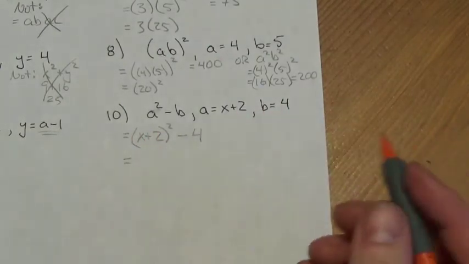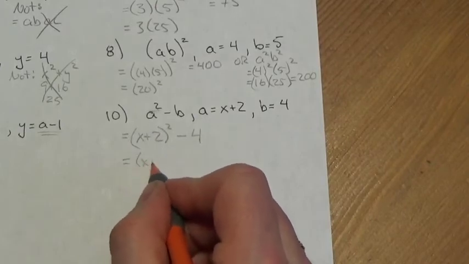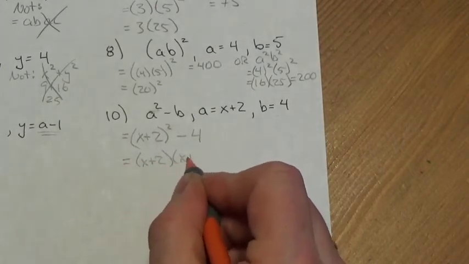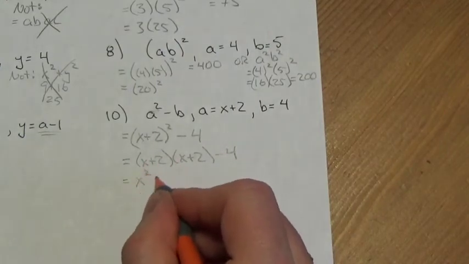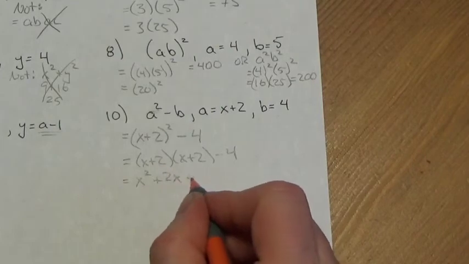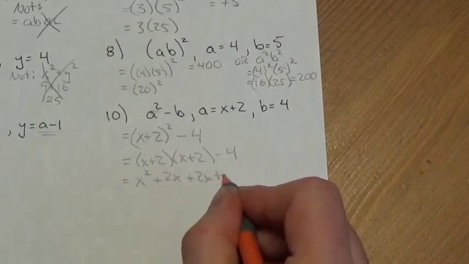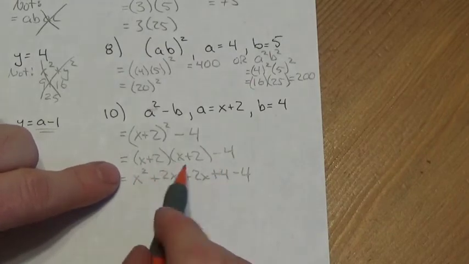Now, depending on where you're at in terms of your math, you would know that this is x plus 2 times x plus 2. And so this will become x squared plus 2x plus 2x plus 4 minus 4. And where I'm getting all this is just by distribution.